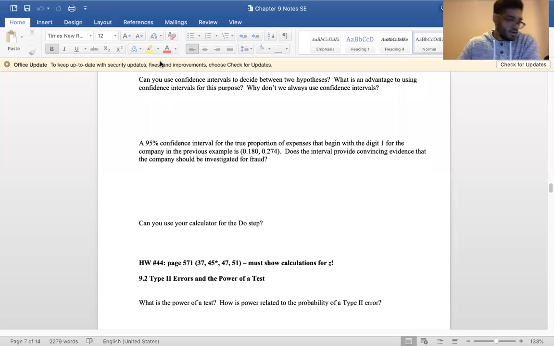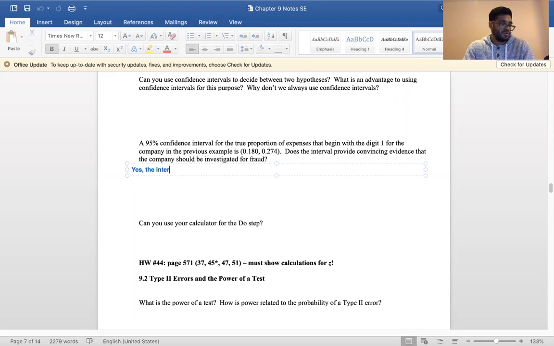So here, a confidence interval gives you a range from 0.180 to 0.274. Okay, and this is based on a previous problem where we know that P is supposed to be 0.31. And so here we can say yes, the confidence interval gives us evidence.